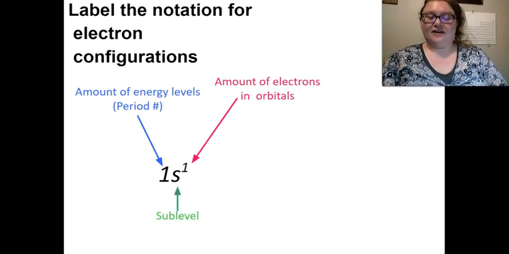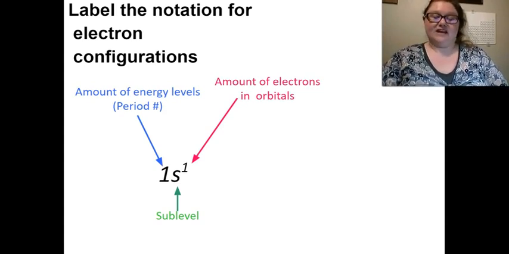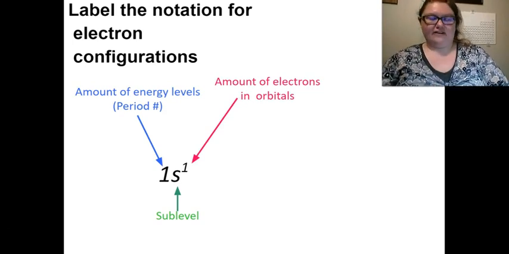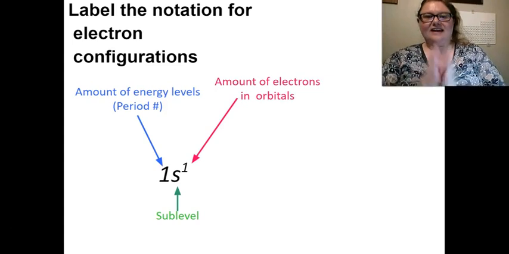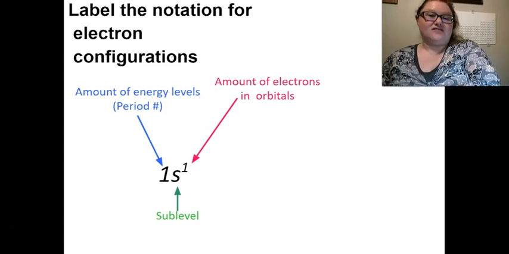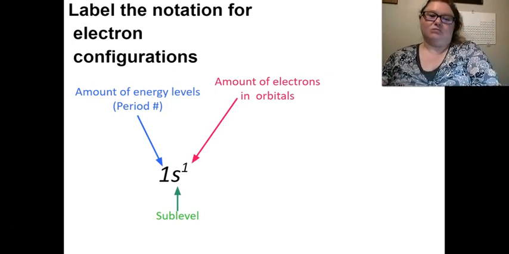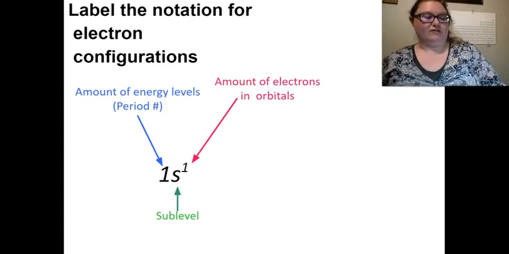And lastly, the letter, which is written as a lowercase, tells you the sublevel. So you can see, taking all of these pieces together, it's giving me a specific location. It's telling me the period I'm in, the energy level, the sublevel block of the periodic table I'm in, and then how many boxes to count over in that sublevel, that's equal to the number of electrons.